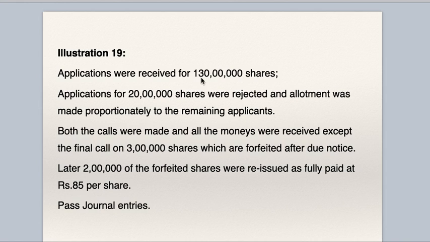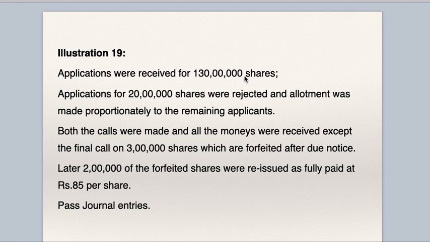Applications were received for 1 crore 30 lakh shares. 30 lakh excess applications they have received. Applications for 20 lakh shares were rejected and allotment was made proportionately to the remaining applicants.